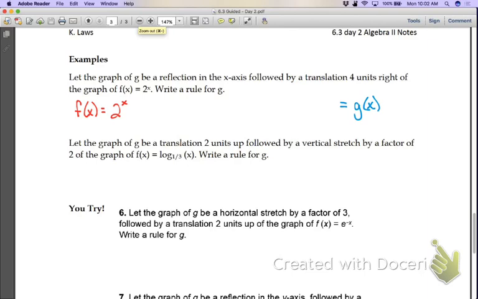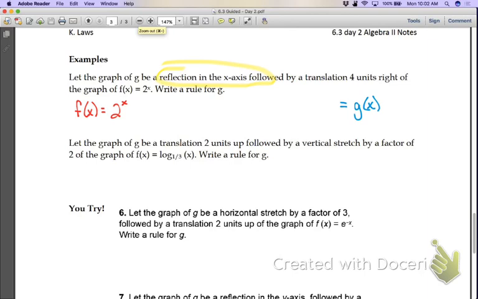So if we start with 2 to the x power, the first thing it tells us to do is to reflect it over the x-axis. So if we reflect it over the x-axis, it's a reflection, so there's a negative. Is the negative on the outside, or is it up with the x power?